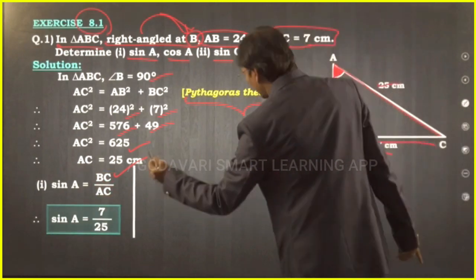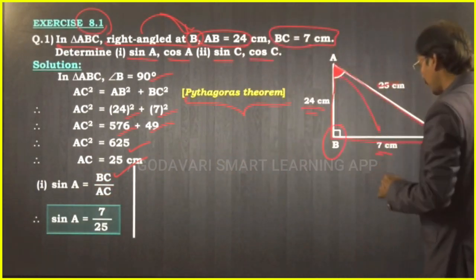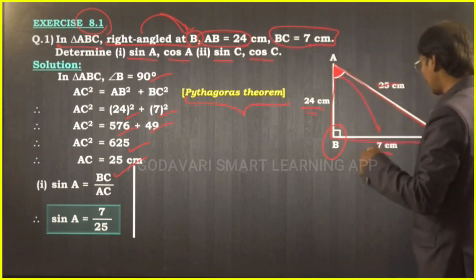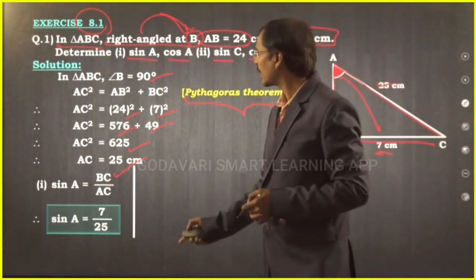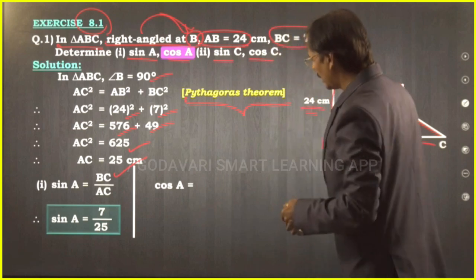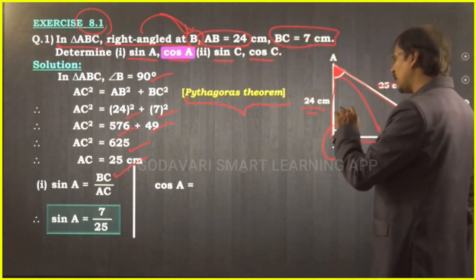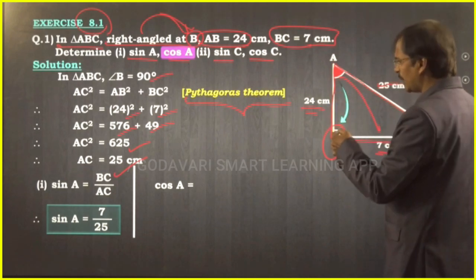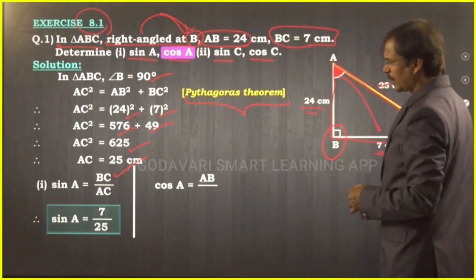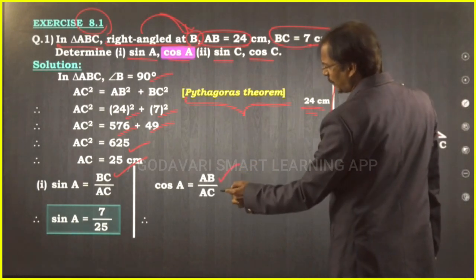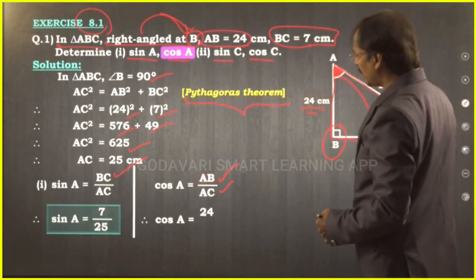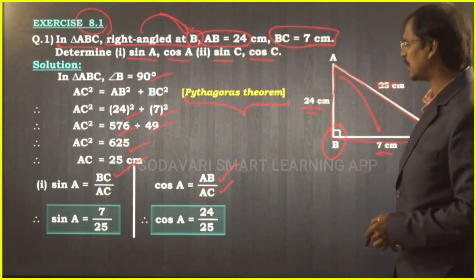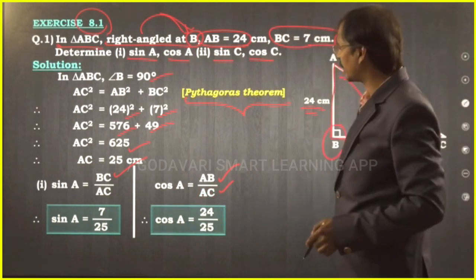At the same time, cos A is the side adjacent to angle A by hypotenuse. AB is 24 and AC is 25. Therefore cos A is equal to 24 by 25.